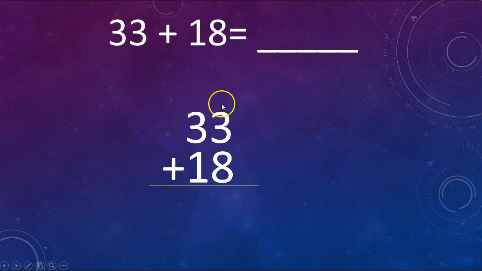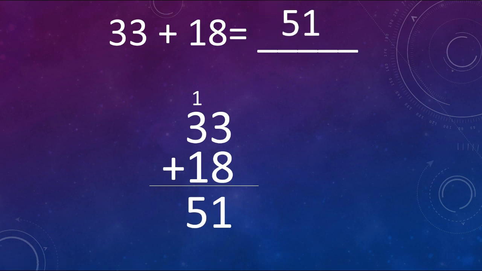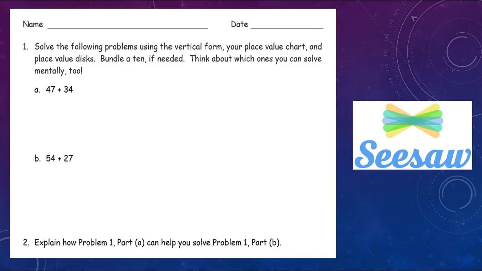So what do we need to put in the ones? A 1. And what do we need to carry up here to the tens? 1. What's 3 plus 1? Plus 1 more. 5. And 33 plus 18 equals 51.